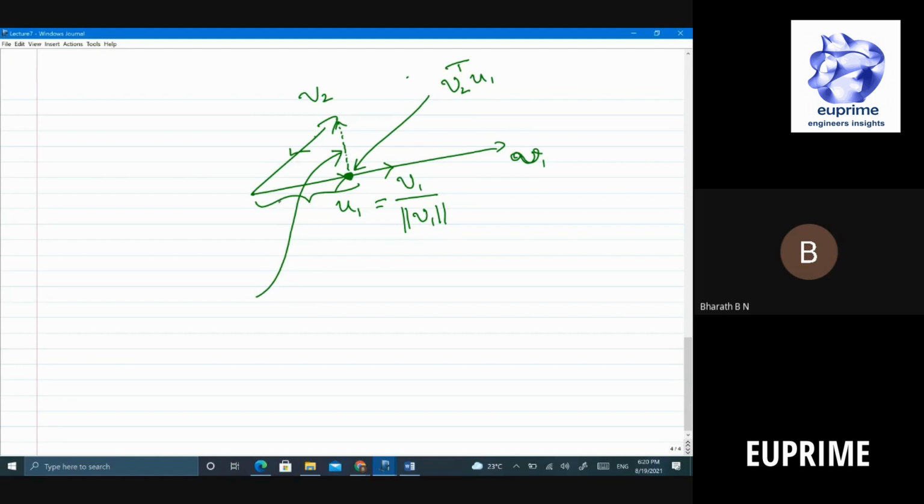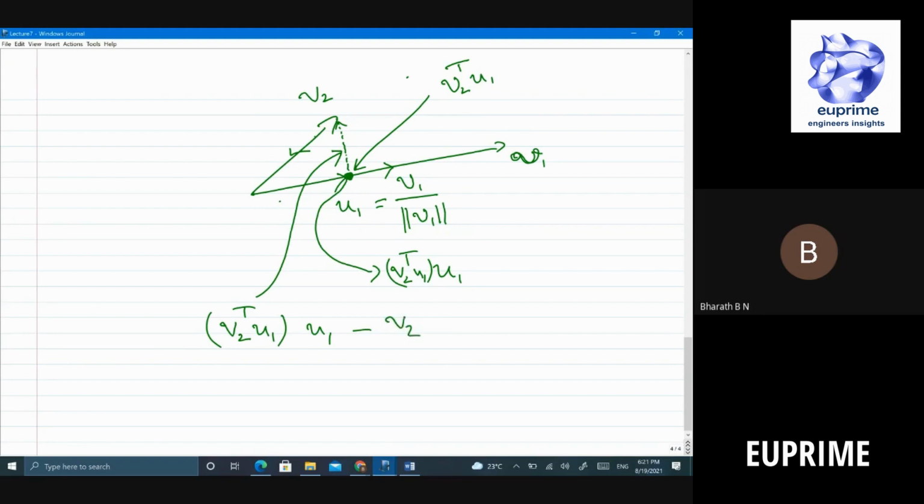Let me write it. This vector is in the direction of u1, so it will be u1, but how much? v2 transpose u1 is the distance I have to go. So the orthogonal vector is v2 transpose u1 times u1 minus v2.